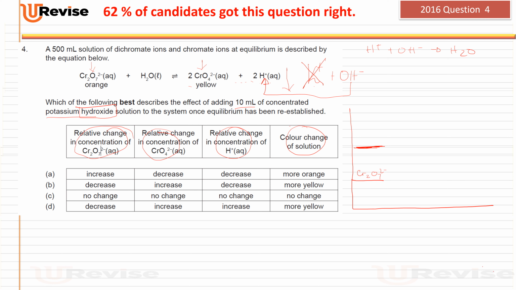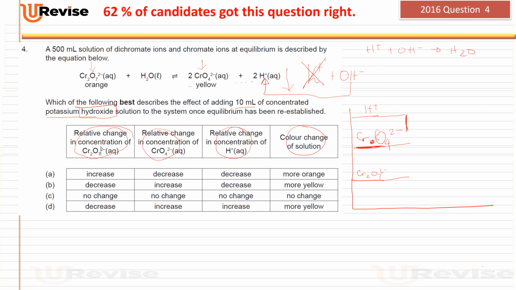You could assume that the dichromate concentration was the lowest, followed by the chromate ions. This is CrO4, followed by H plus ions, right? If I add OH ions to this, what happens? H plus ions are going to decrease.